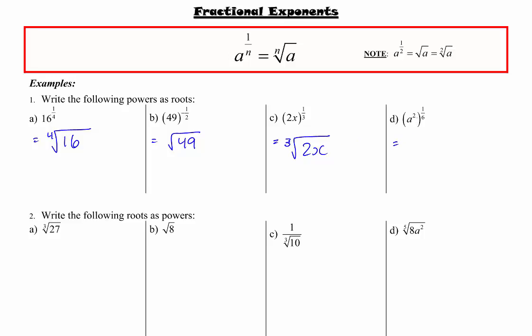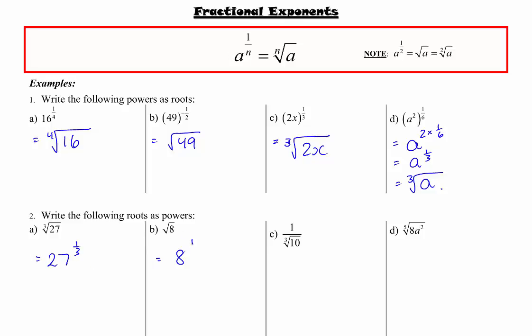Next one, I have a power of a power first, so I'm going to go a to the 2 times a sixth, which is a third, so that would be the cubed root of a. But again, I'm not worried about evaluating. Next one, write the following roots as powers, so the cubed root of 27 would become 27 to the third.